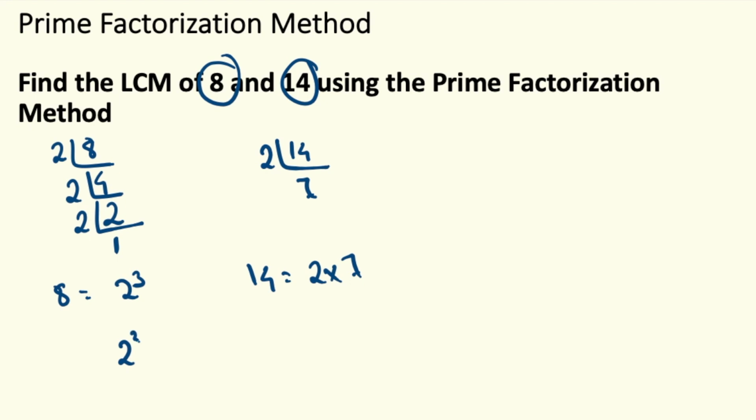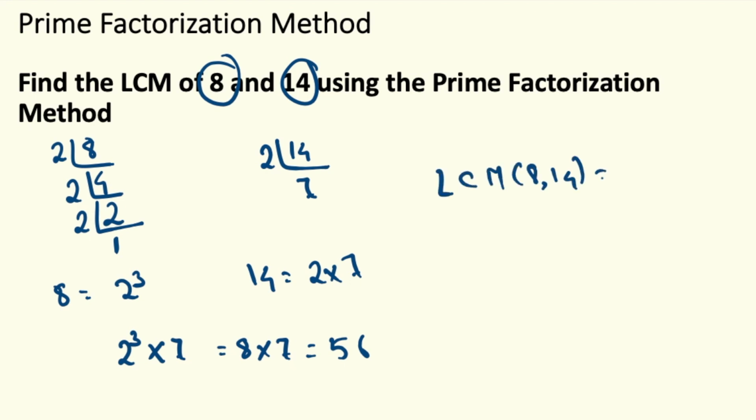Hence I will take 2 cubed first, and then 7 appears in the list of 14 and the highest power of it is 1. So I will do 2 cubed into 7. So 2 cubed is 8, multiplied by 7, which will give me 56. Hence the LCM of 8 and 14 is 56.